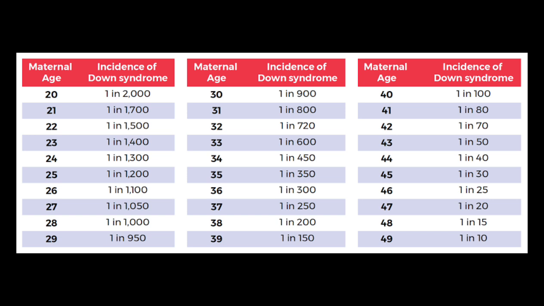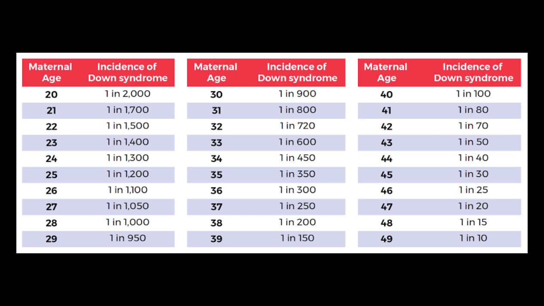The chance of Down syndrome is 1 over 1000 if the mother's age is 30 years, and then for every 5 years that we add to 30, that is 35 years, then 40 years, then 45 years, what we do is that 1 over 1000 is the chance of having a Down syndrome kid in a 30-year-old mother.